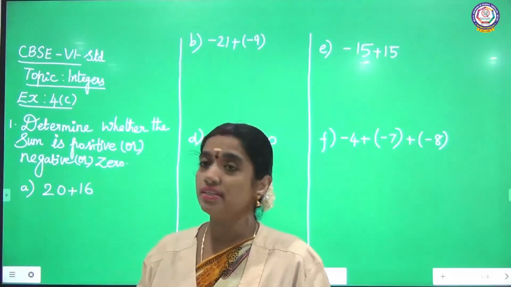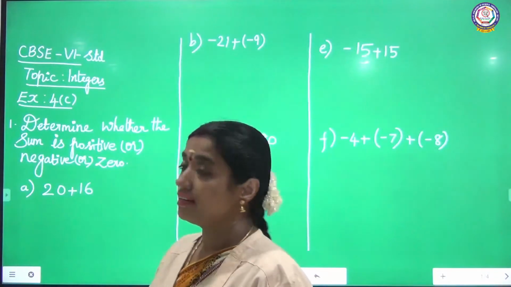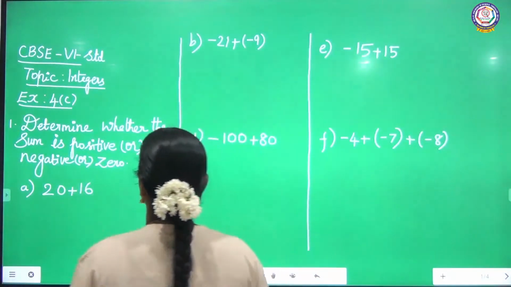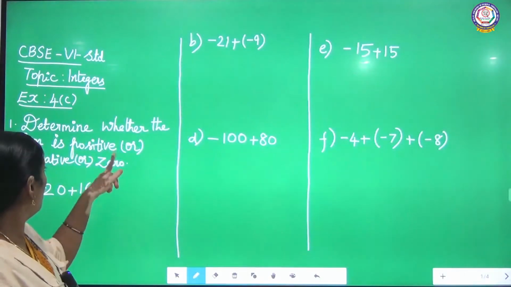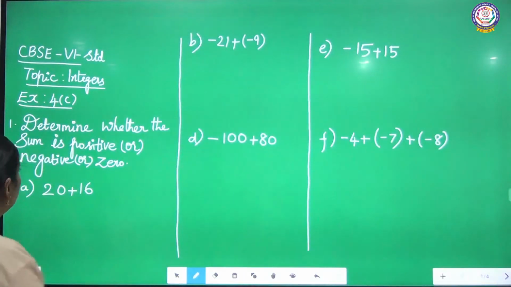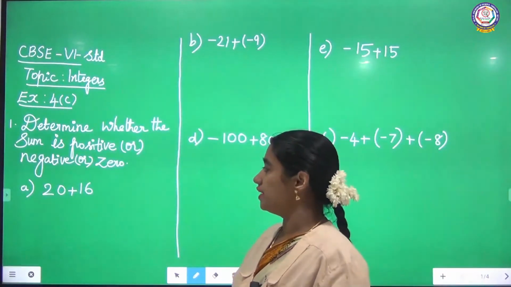Now I am going to discuss the topic integers, 6th standard, exercise 4C. Listen, determine whether the sum is positive or a negative or 0. That I am going to find out here.